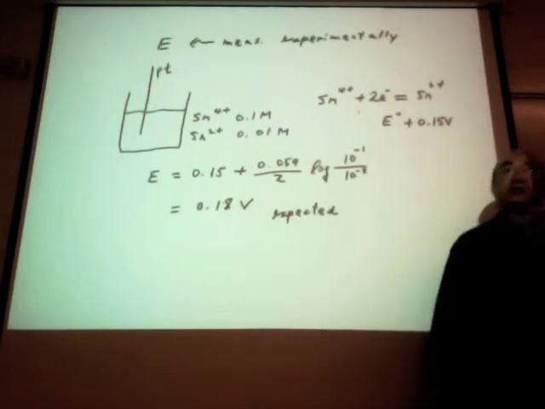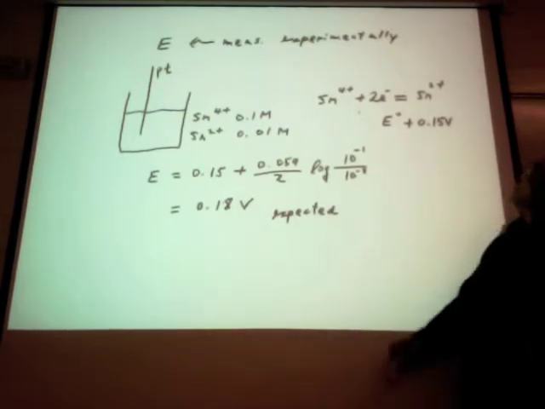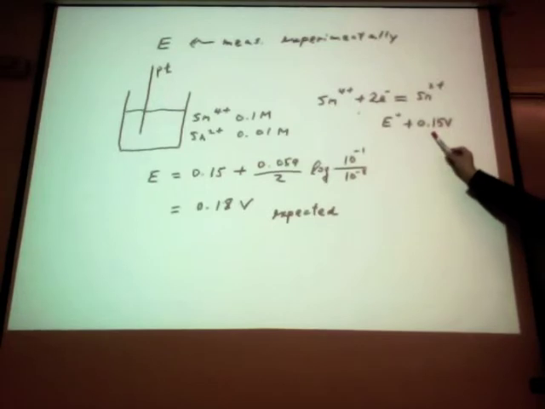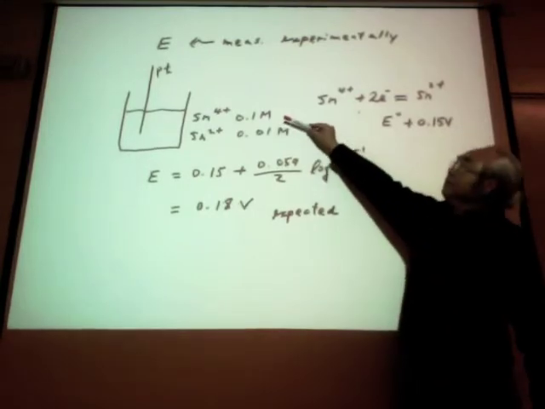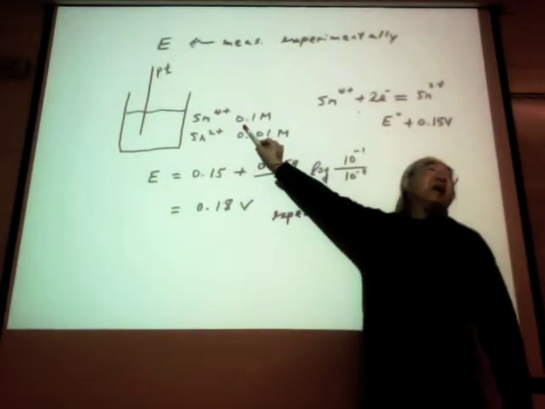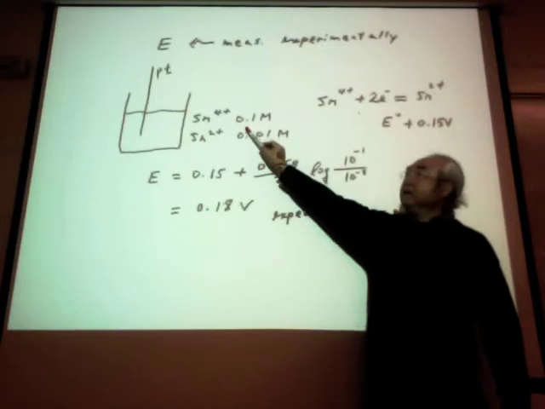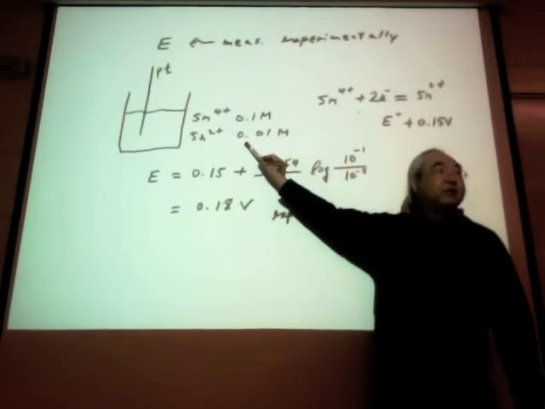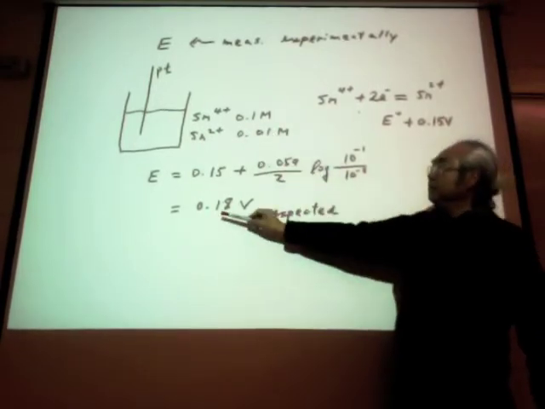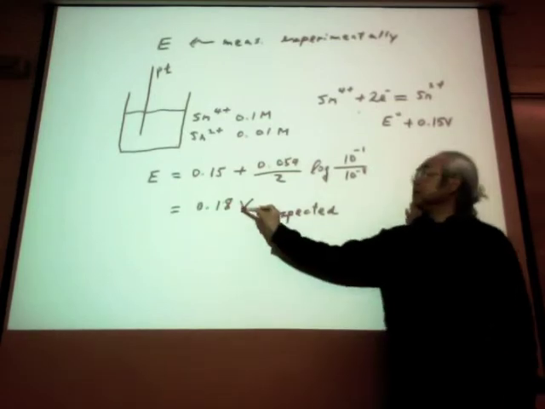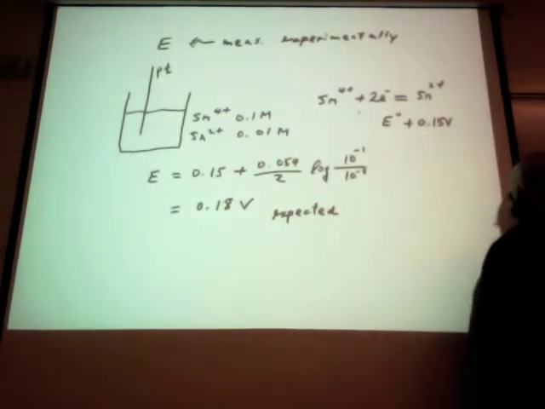Now notice something interesting. This is when everything is 1 molar, you get 0.15. Here, you have 10 times less than 1. This is 100 times less than 1. Yet your potential is higher than that.